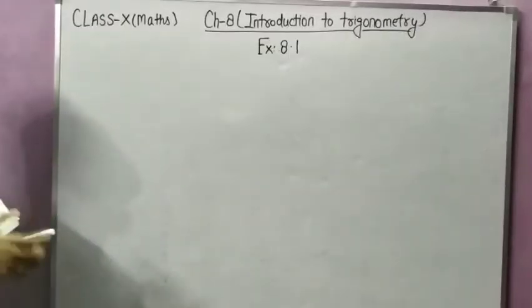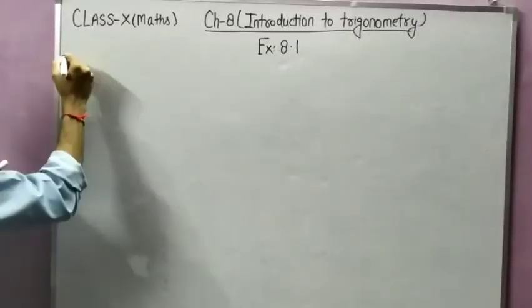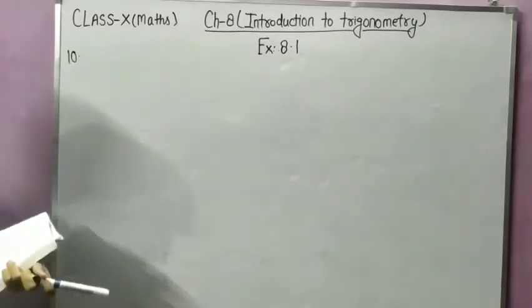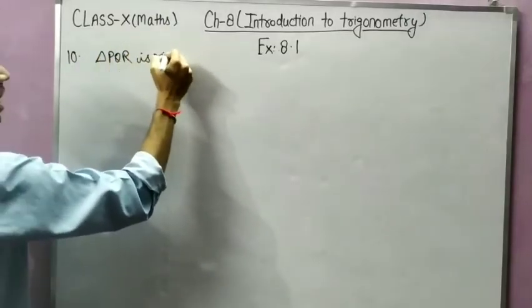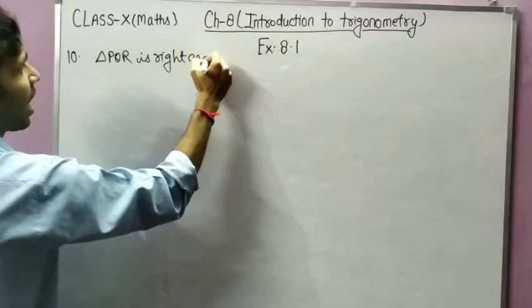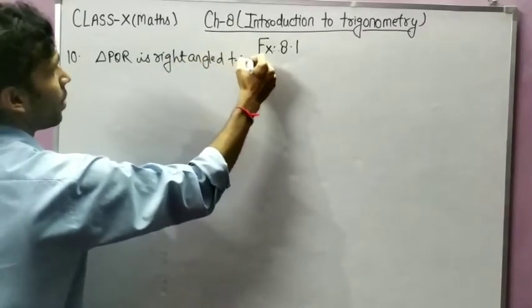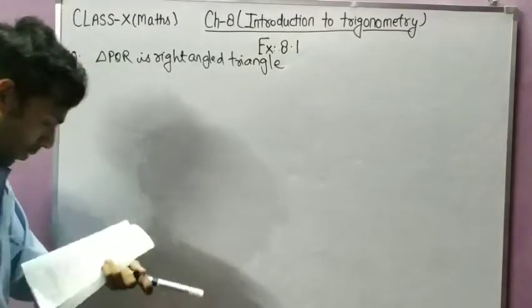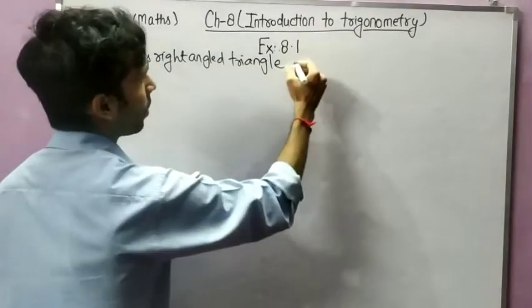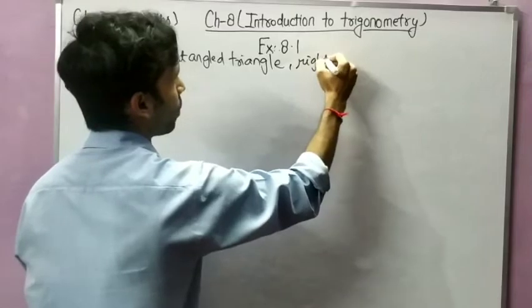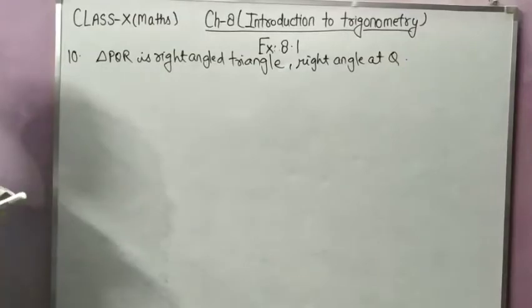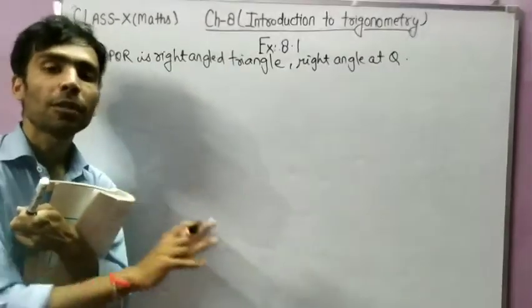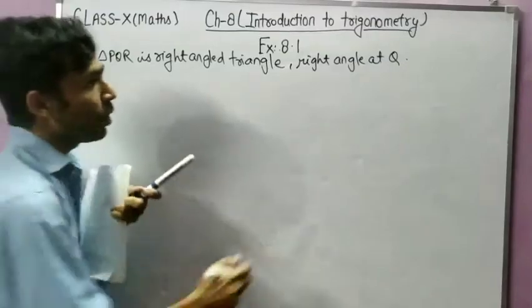So I am going to tell you question number 10. What is question number 10, student? Question number 10 is that triangle PQR is a right angle triangle at Q. Triangle PQR is a right angle triangle and at point Q it is a right angle. And what is given?